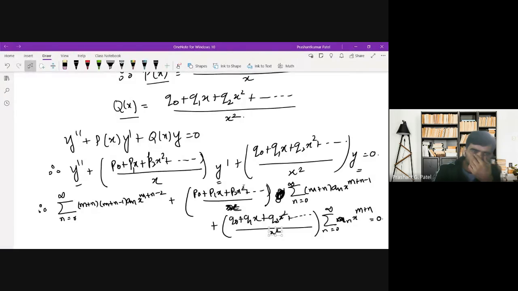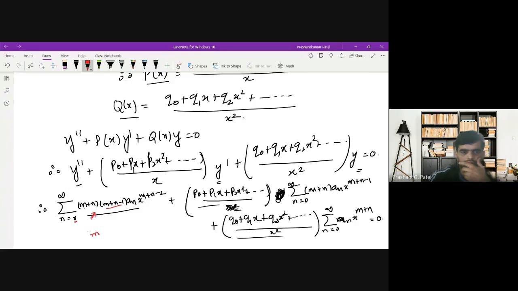When I substitute n equal to 0 into this series, n is 0, that is m.